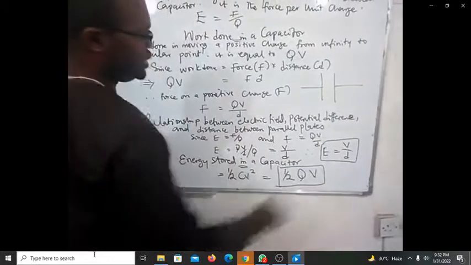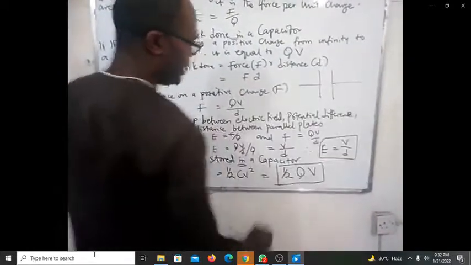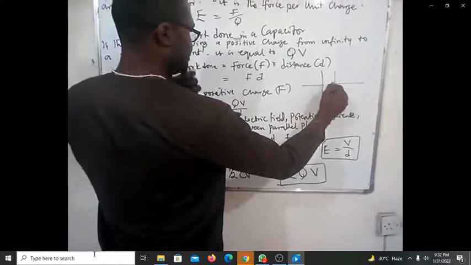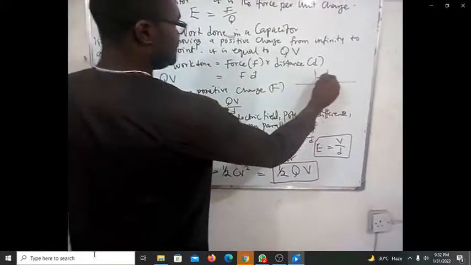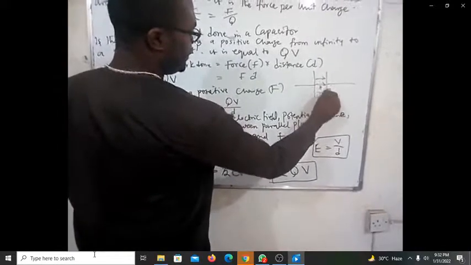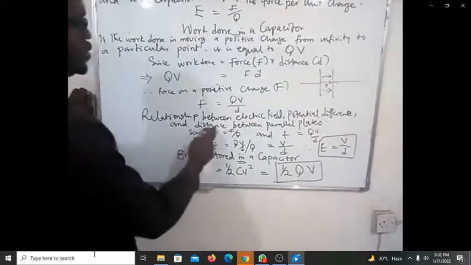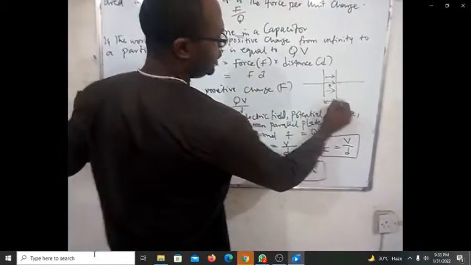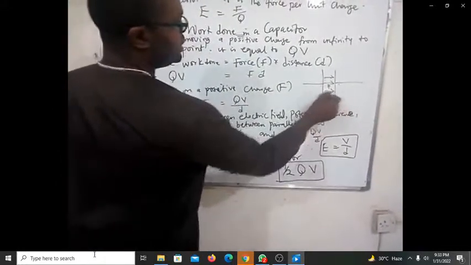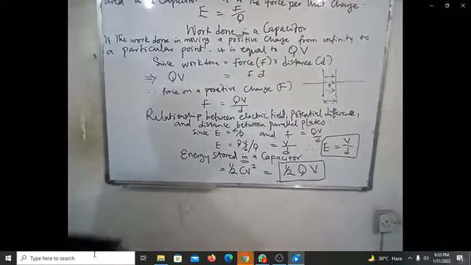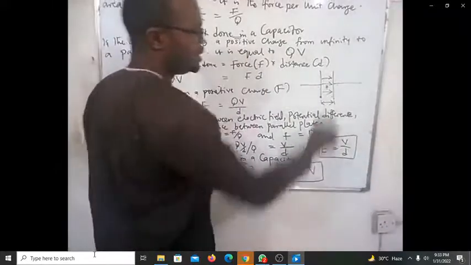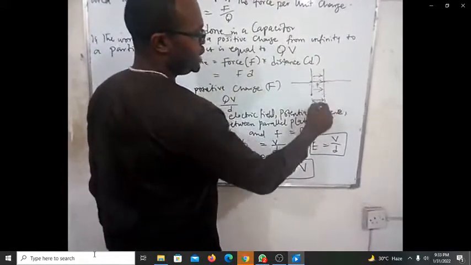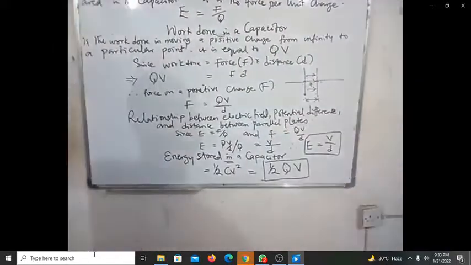We are looking at the voltage between the terminals, the potential difference, the electric field inside, and the distance between the two plates. What is the relationship that relates those things together?